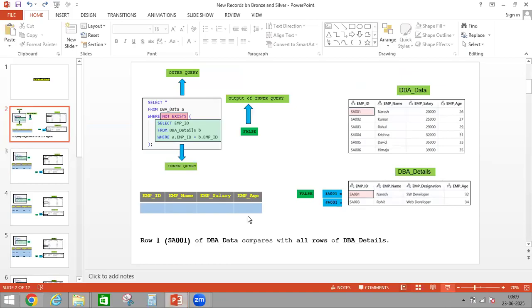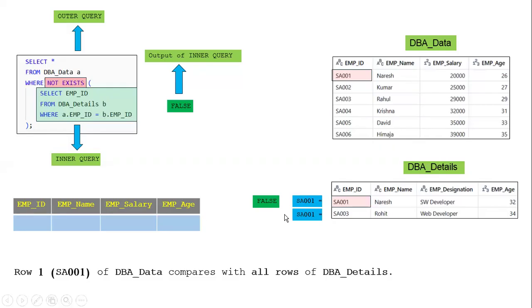Since we are getting false here, it is not generating any output. So when we compare the first record with all rows of the table, we get empty. That means row one of dba_data is compared with all rows of dba_details. You have to keep this in mind.